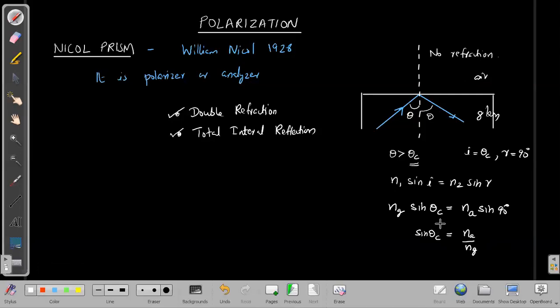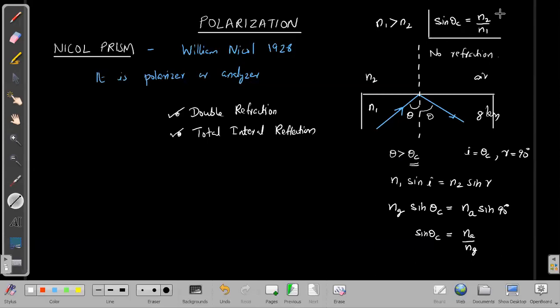Okay, so in general, if you have two media, the first media refractive index is n1, the second media refractive index is n2, and if n1 is greater than n2, then the critical angle is given by sine theta c equal to n2 by n1.